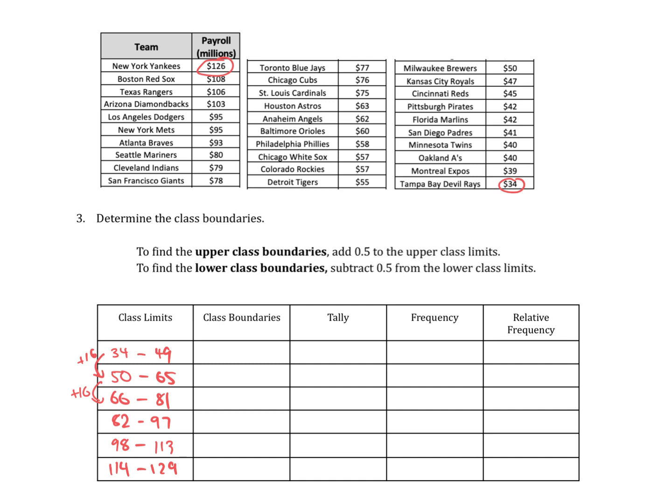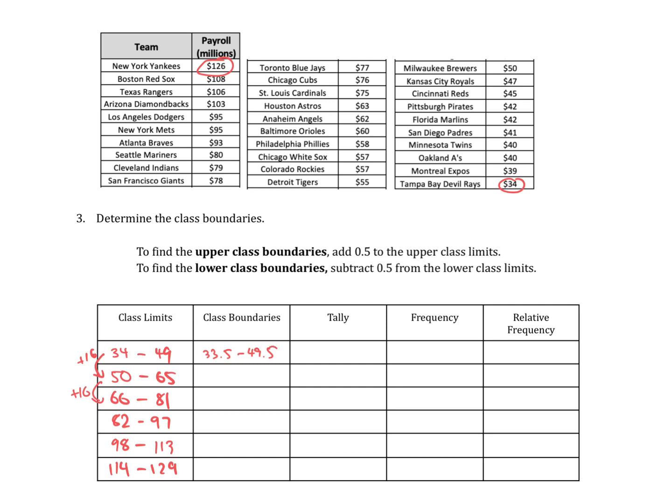Step 3 is to determine the class boundaries. To find the upper class boundaries, you're going to add 0.5 to the upper class limits, and to find the lower class boundaries, you're going to subtract 0.5 from the lower class limits. So if I subtract 0.5 from 34, I get 33.5, and if I add 0.5 to 49, I get 49.5.